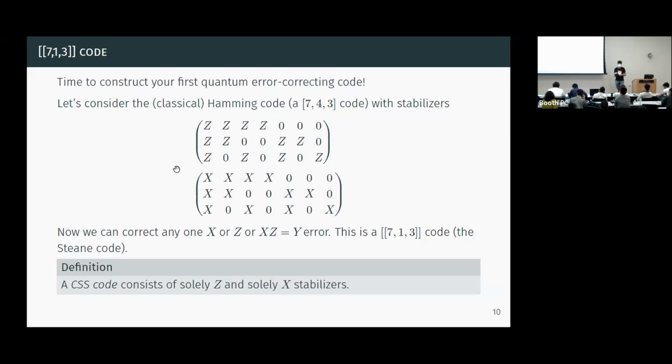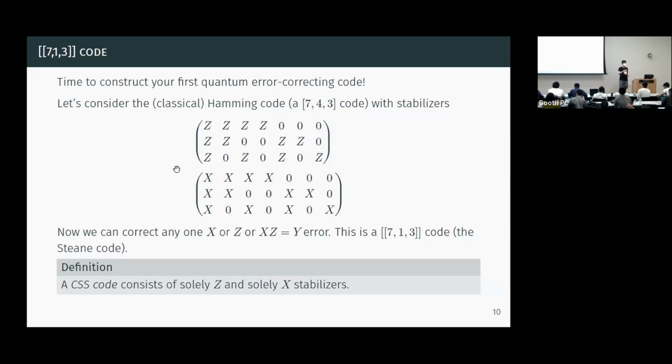I will define it also in a later slide. It's not always true that we just replace these with X's and then get a quantum code. But in this particular case, it worked. Yeah, and it became famous. And it's easy to explain.